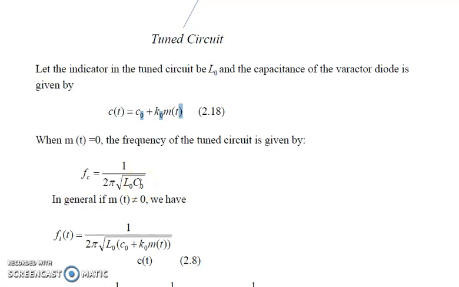In place of C0, here see, this C0 is for m(t) equal to 0, and this is C0 plus K0 m(t). As m(t) will vary, the actual capacitance value will be varied according to this variation of m(t). So this C0 plus K0 m(t) is actually C(t).